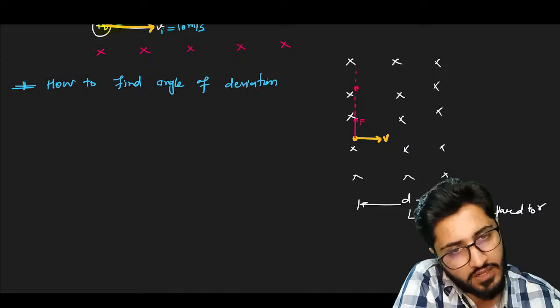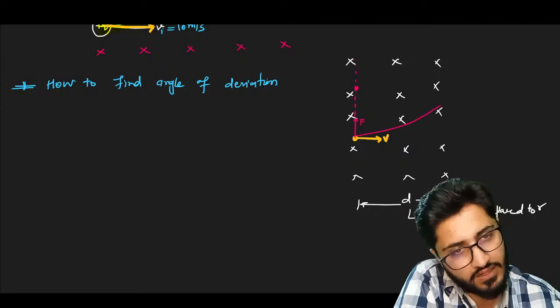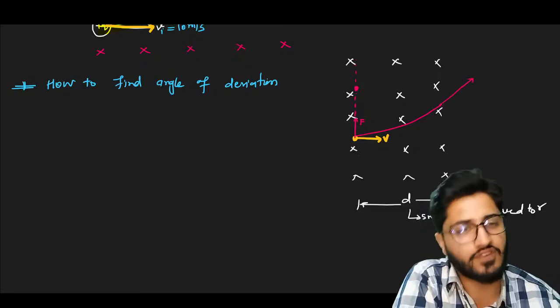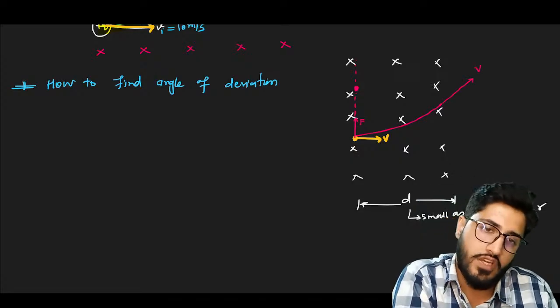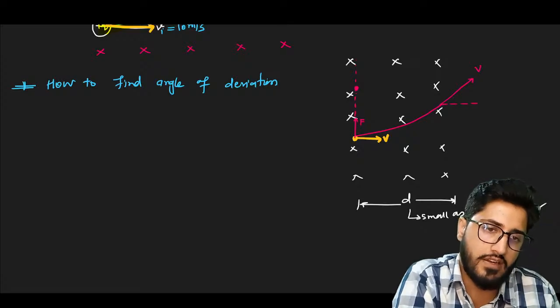Now the particle will go in this way. Then here no magnetic field is present, so it will go straight. So initially the velocity is in this way, and finally here, so this angle is alpha. This angle is known as the angle of deviation.